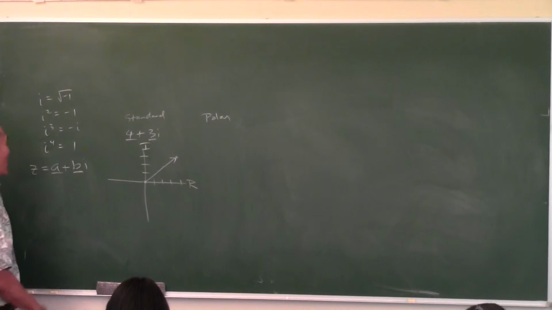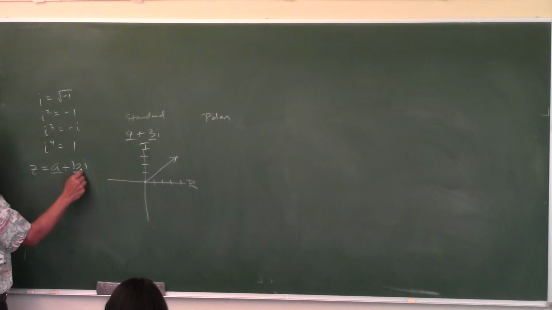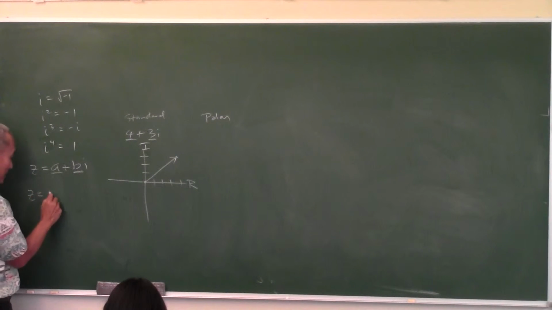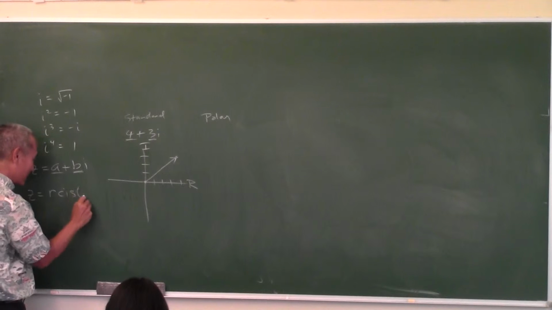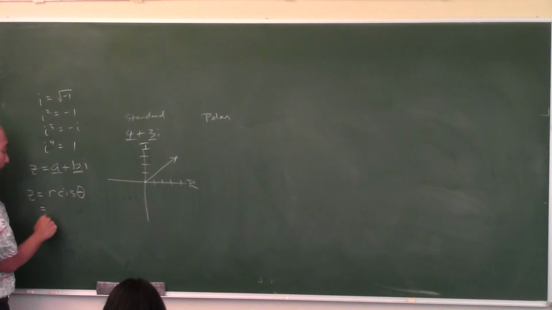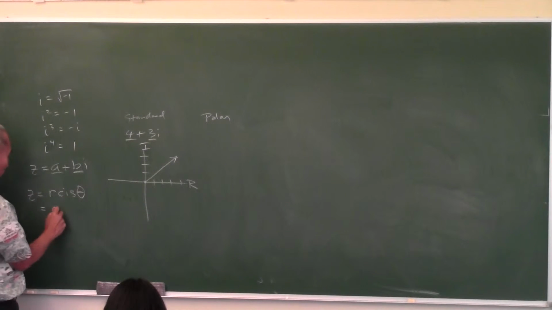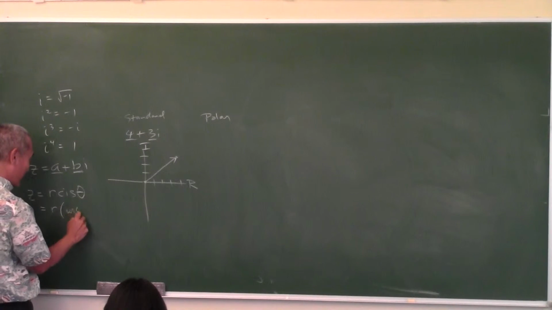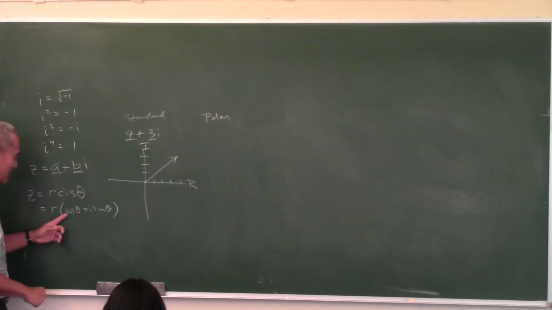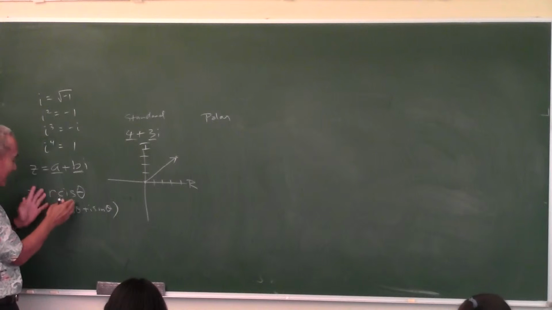Another way to write it is r kiss theta. This kiss is actually an abbreviation for cosine theta plus i sine theta. But that's a lot to write, so we just write kiss. It's a lot faster.